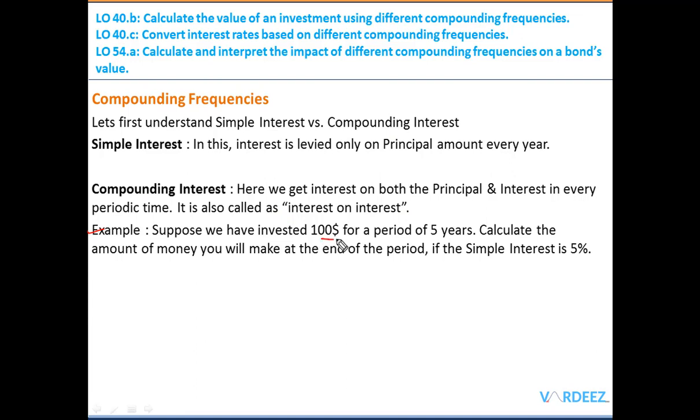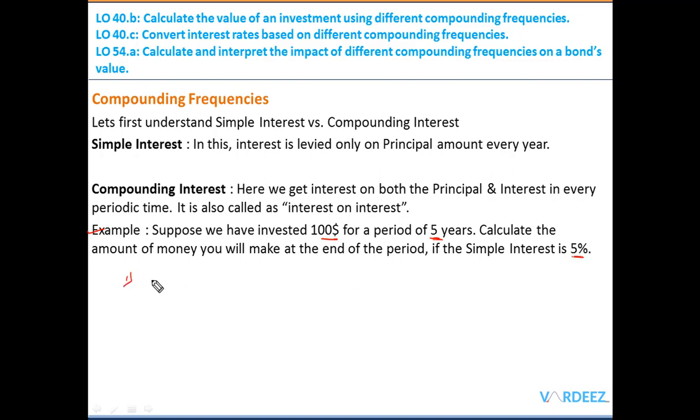Suppose we have invested $100 for a period of 5 years. Calculate the amount of money you will make at the end of the period if the simple interest is 5%. So the duration is 5 years, the amount that we have is $100, and the interest that we are getting is simple interest of 5%. So let's calculate.